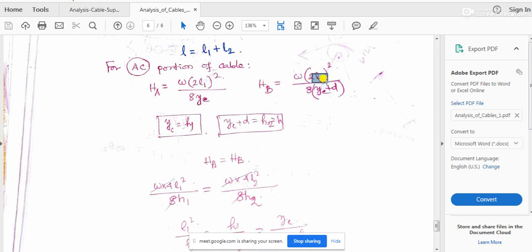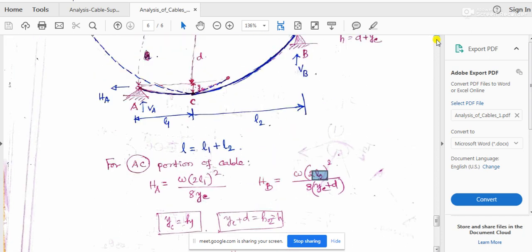That means you need to know the position where this portion of the parabola and this portion of the parabola meet, exactly this position of C. That means you need to know the value of L1 and the value of L2.